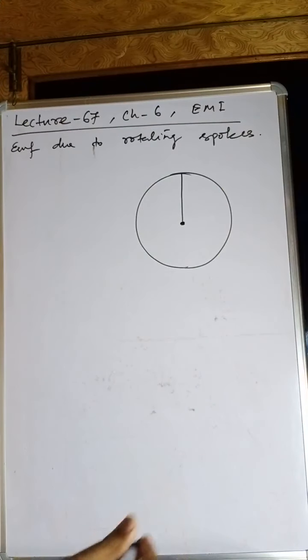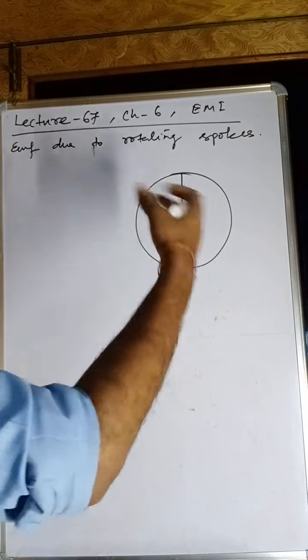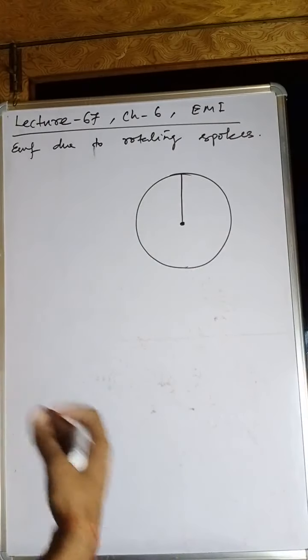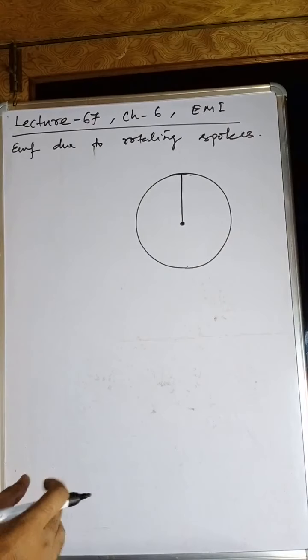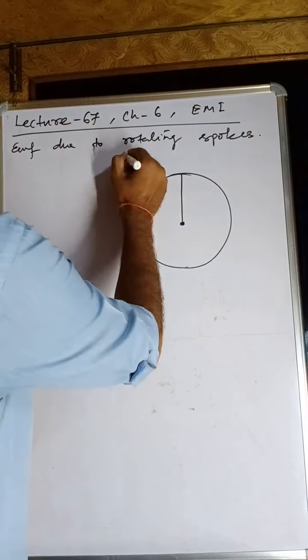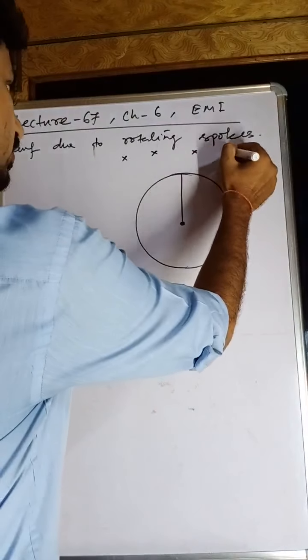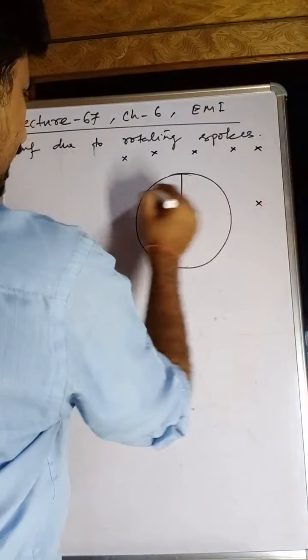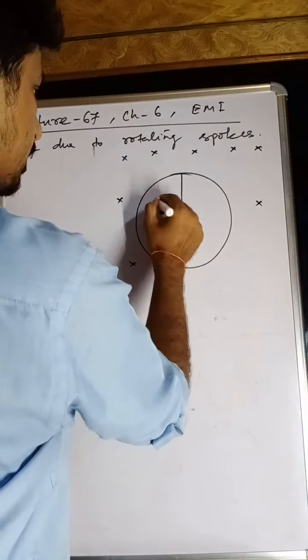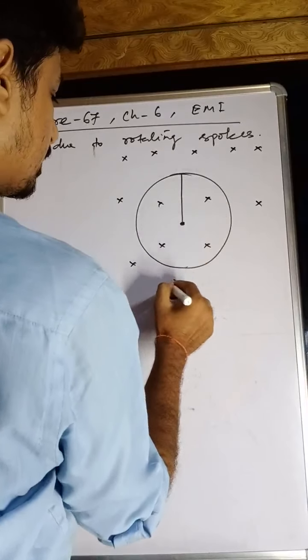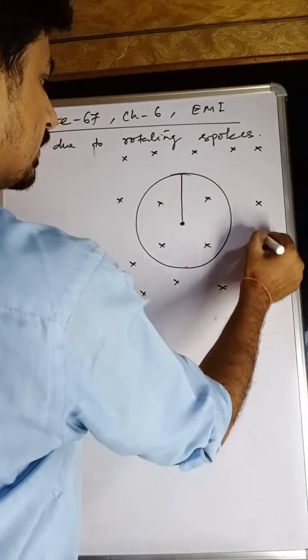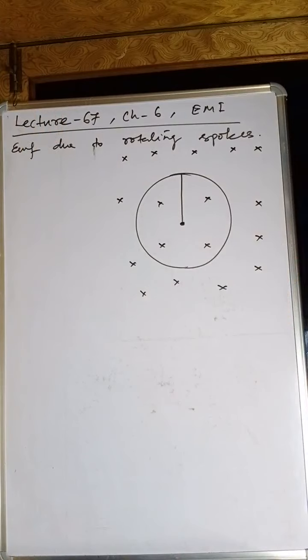Okay, we will get the answer, and to find the EMF due to the different spokes, we will multiply by the number of spokes. Here, one spoke we are considering. Now it is given in a uniform magnetic field B, in which the system is kept.